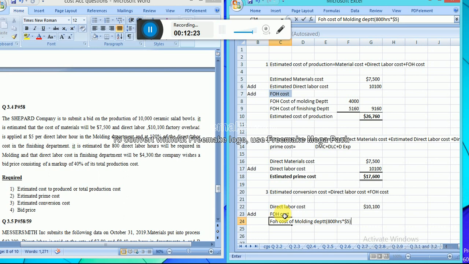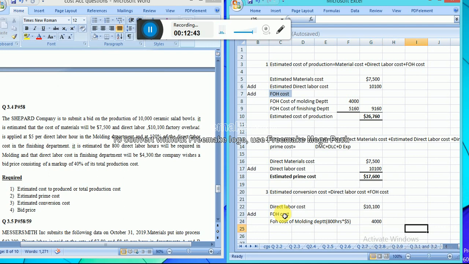So that is 800 multiplied by 5, which is 4,000.